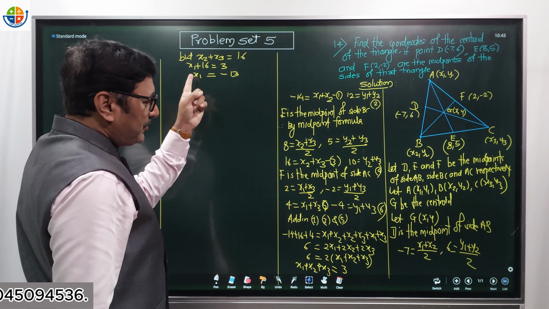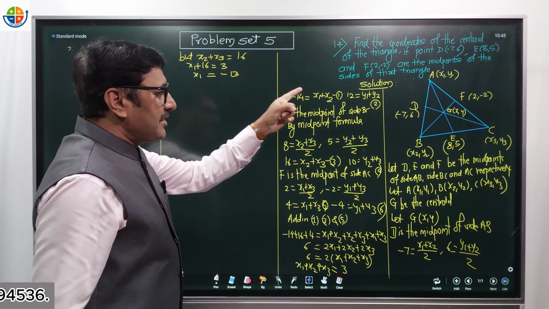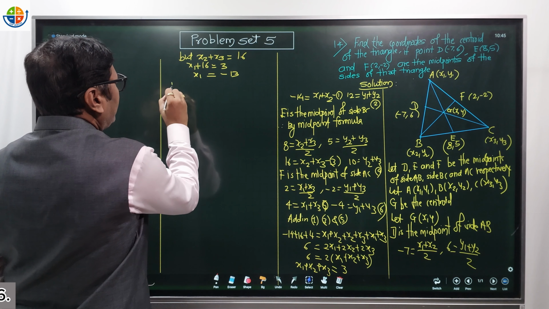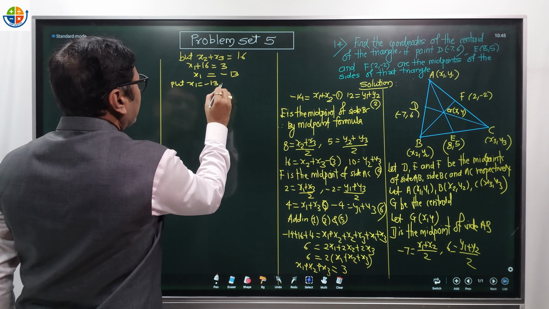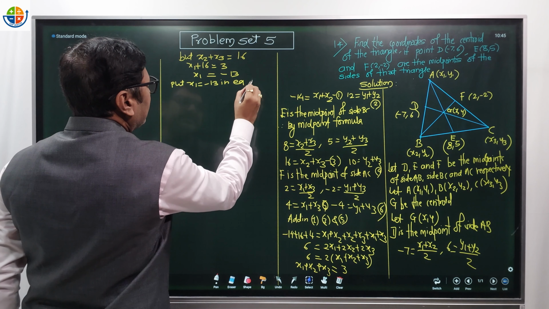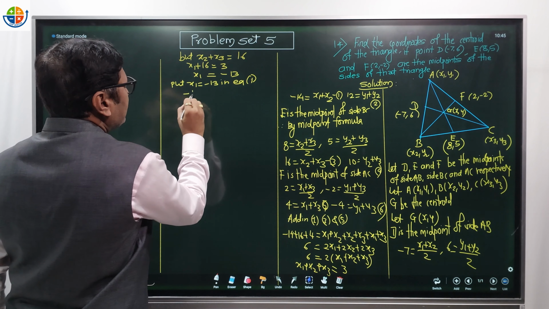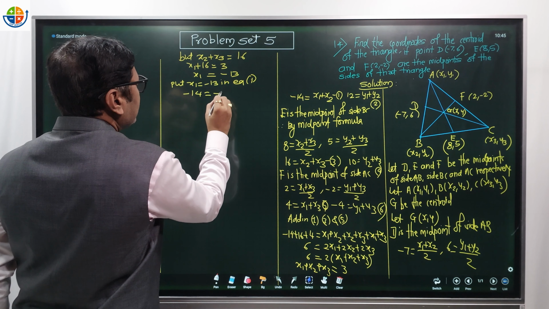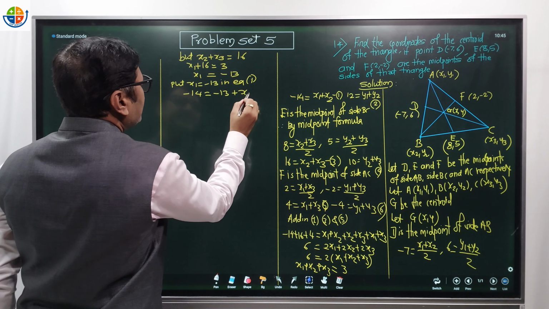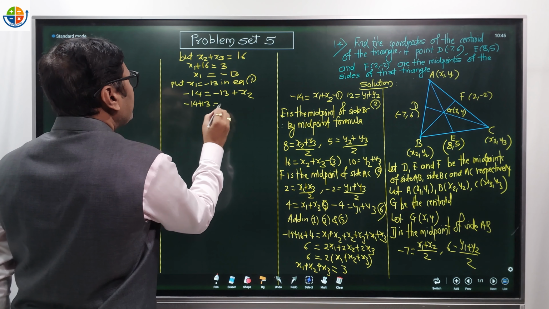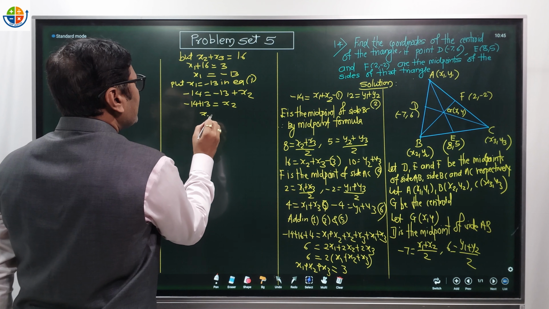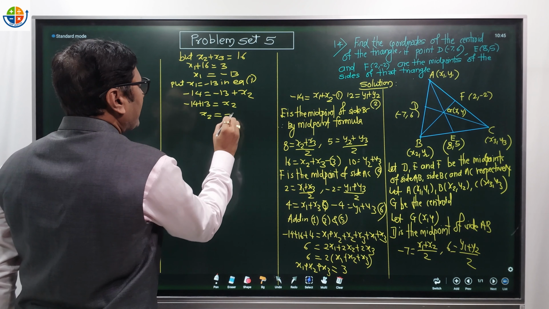Put this value in any equation. जहां x1 है वहां put x1 is equal to -13 in equation number 1. क्या मिलेगा? -14 is equal to -13 plus x2. So -14 plus 13 is equal to x2. तो x2 कितना मिला बच्चों? -1.